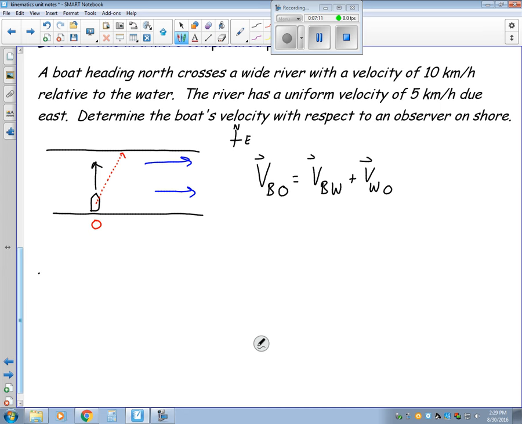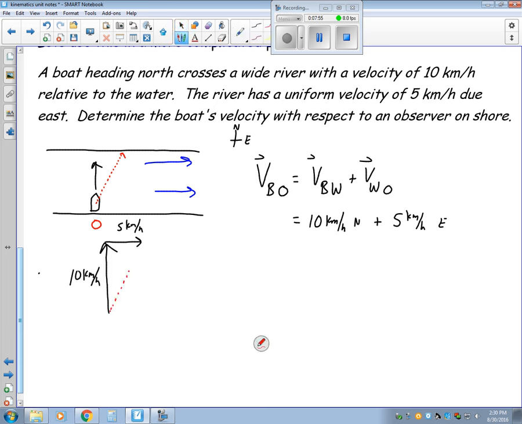The velocity of the boat with respect to water was 10 kilometers per hour north, plus the water is moving at 5 kilometers per hour east. We can't add those two numbers together because they're going in different directions, but we can use vectors to help us add this. The boat travels at 10 kilometers per hour north, and the water at 5 kilometers per hour east.